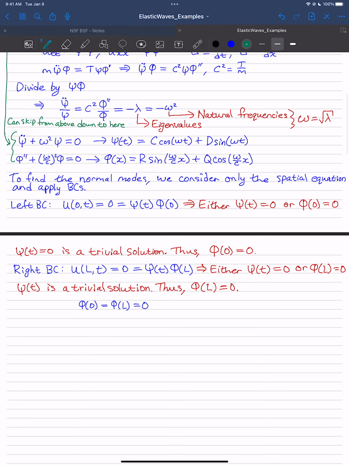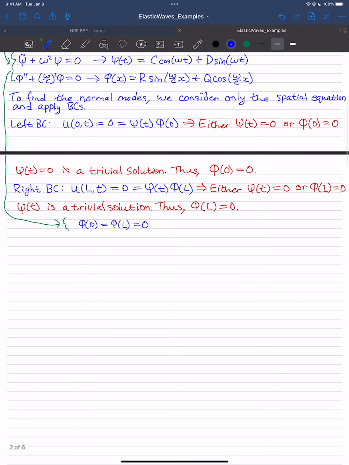Once you have the differential equations, you can skip down to this. If you don't feel comfortable skipping, you can plug in like we did here for each boundary condition and then determine what's going on as a result.